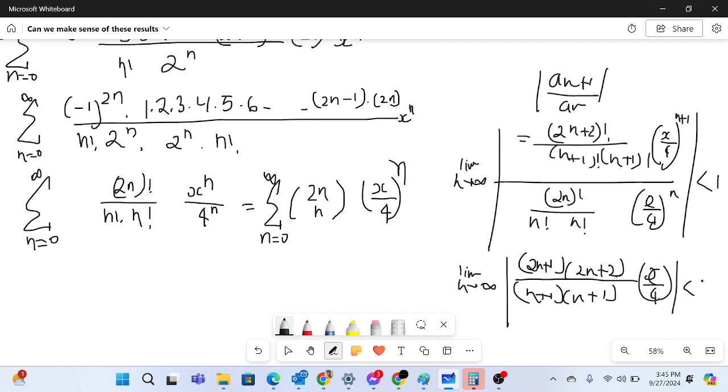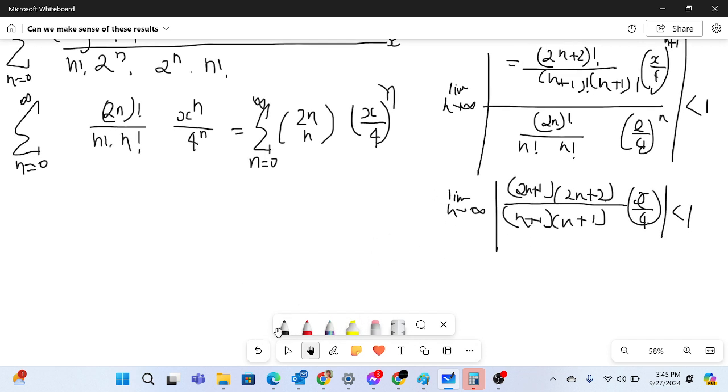That should be less than 1. Then in the limit as n goes to infinity, we can take 2 common, so that will be 4 common, and then (n plus half)(n+1) divided by (n+1)(n+1).